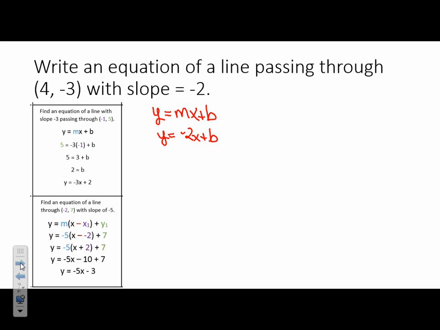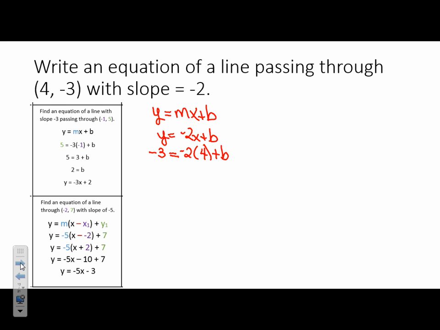Okay, now what do I have to do to find out what b is? I've got 3 variables. Negative 3 is a y on that equation. And what's my x? 4.